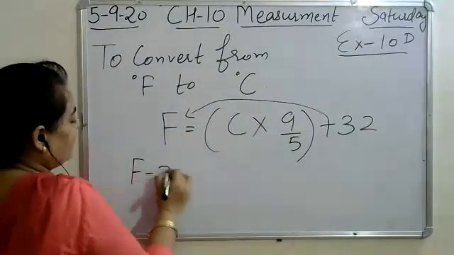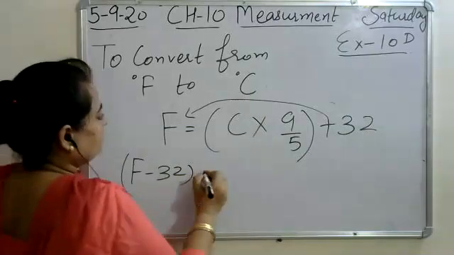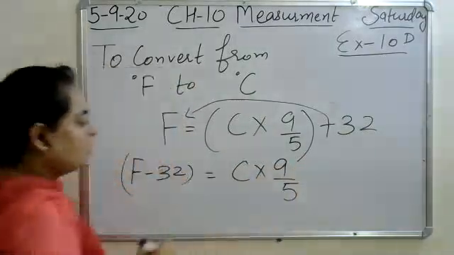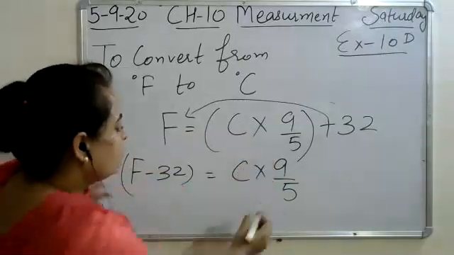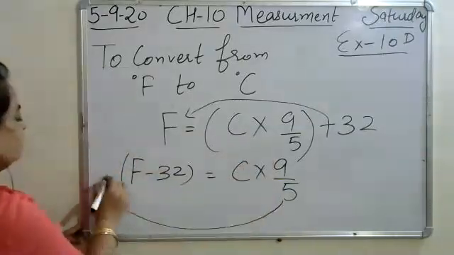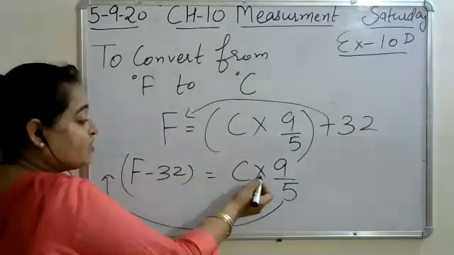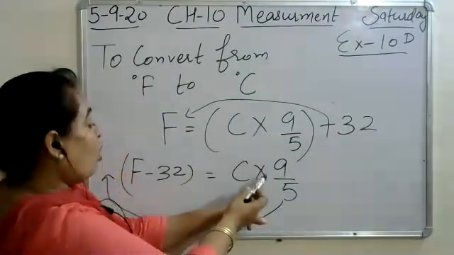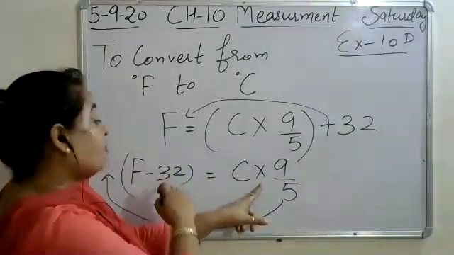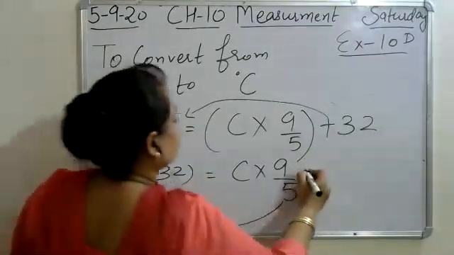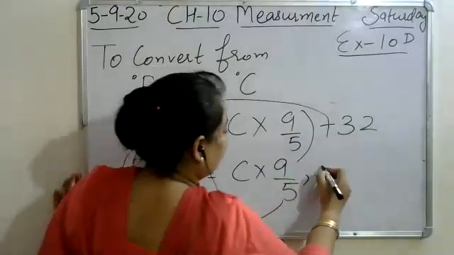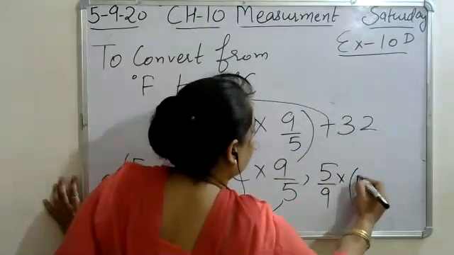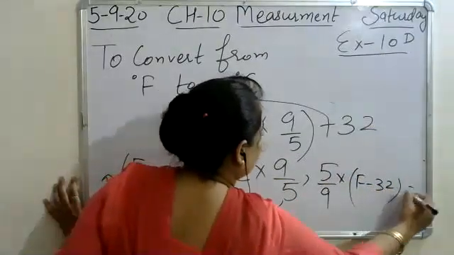So, Fahrenheit minus 32 equals Celsius into 9/5. Now 9/5 shifts to this side, multiplication goes to the second side as a reciprocal, it means 5/9. 5/9 into Fahrenheit minus 32 is Celsius.